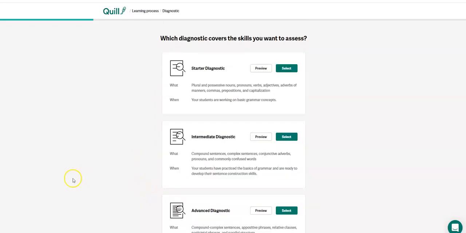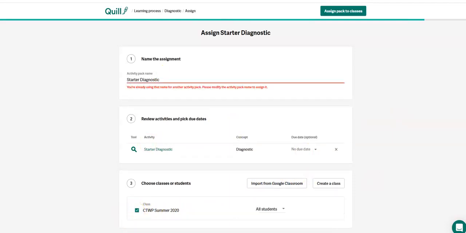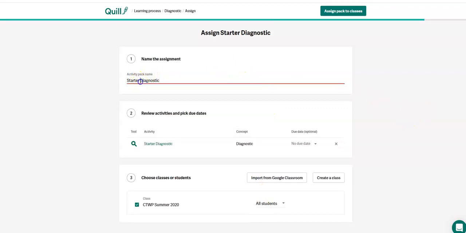All right, so something that I'm going to show you, select here. I'm not going to go into real depth on this, but I do want to show you a few things. So we're going to do the starter diagnostic, and we're going to use this classroom. Starter diagnostic 1.